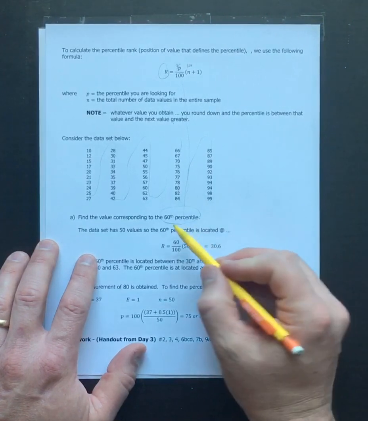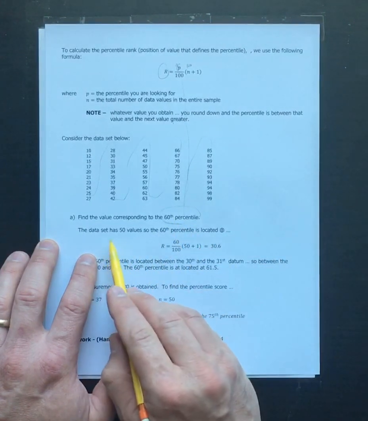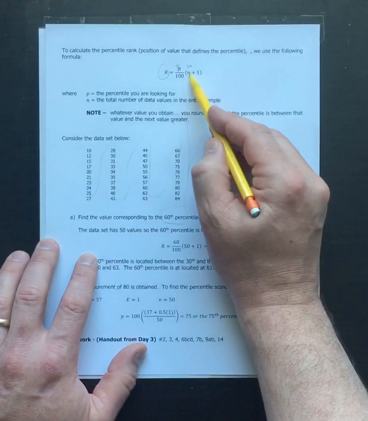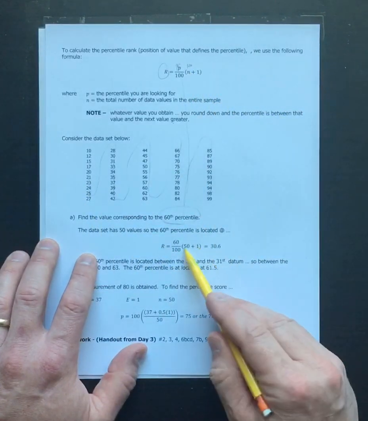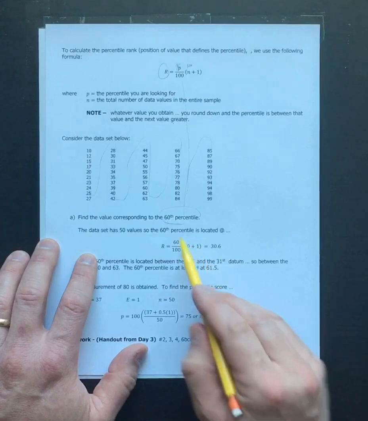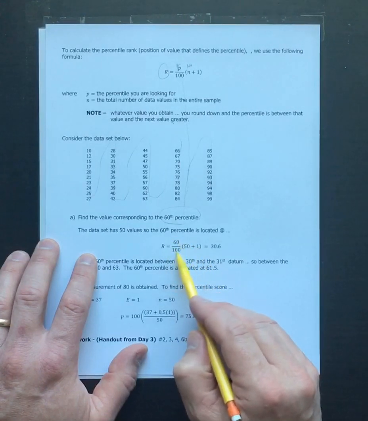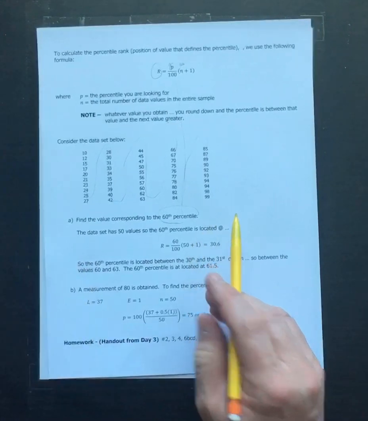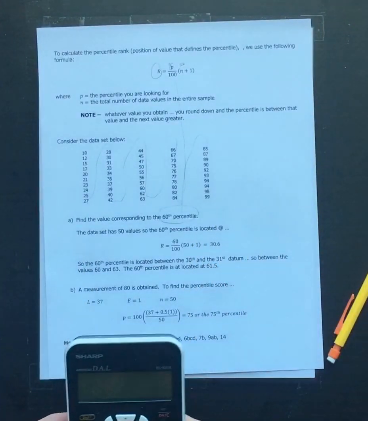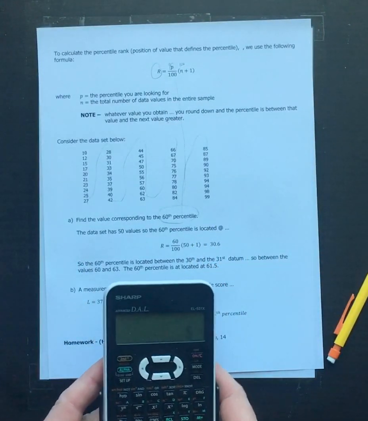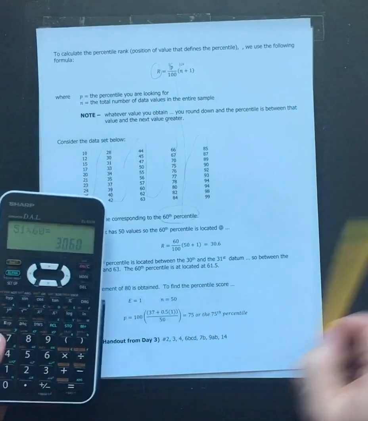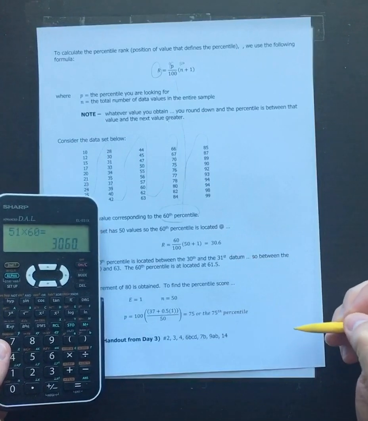So if we look at the 60th percentile, the data set has 50 values in total. That's my 50 there. So 50 plus 1, 51. And then I'm looking for the 60th percentile, so 60 over 100. So 60 times 51, 3,060, I think. 51 times 60, yeah, 3,060. And I divide it by 100 and I get 30.6.